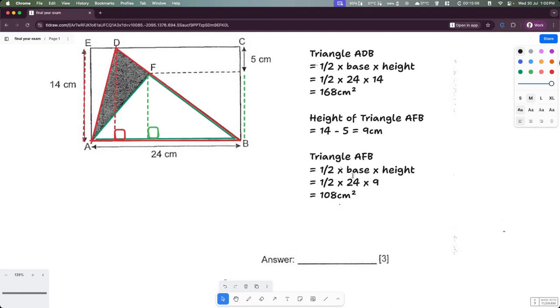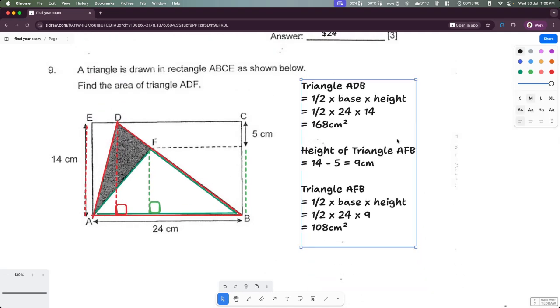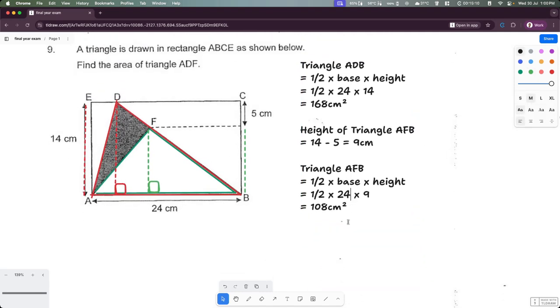Okay, so we know triangle ADB and we know the height of triangle AFB. So now to get triangle ADF, it is basically triangle ADB, which is the red one, minus triangle AFB, which is green in this case.